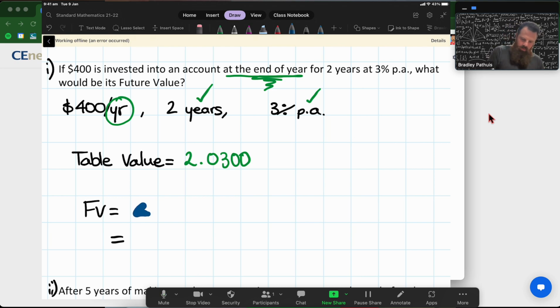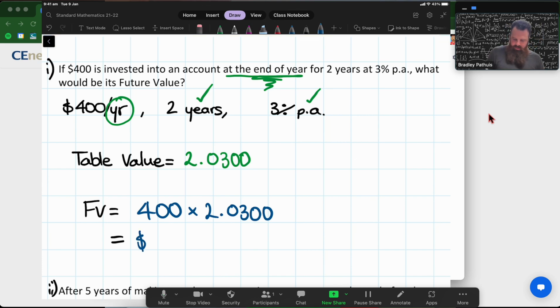I invested 400 lots of that 2.0300, and we evaluate that on a calculator, remembering we round our answer to 2 decimal places.